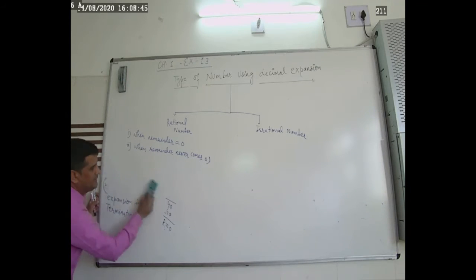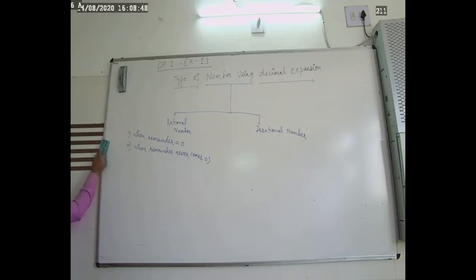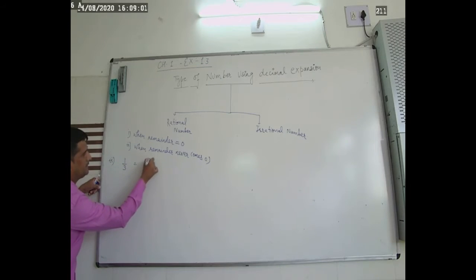Now, on the basis of that, I will give you one example. Second example, I will take 1 by 3. In a similar way I have to divide 1 by 3.